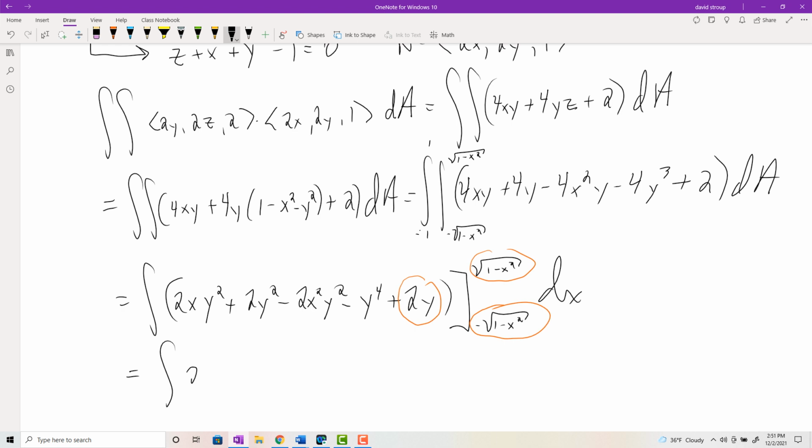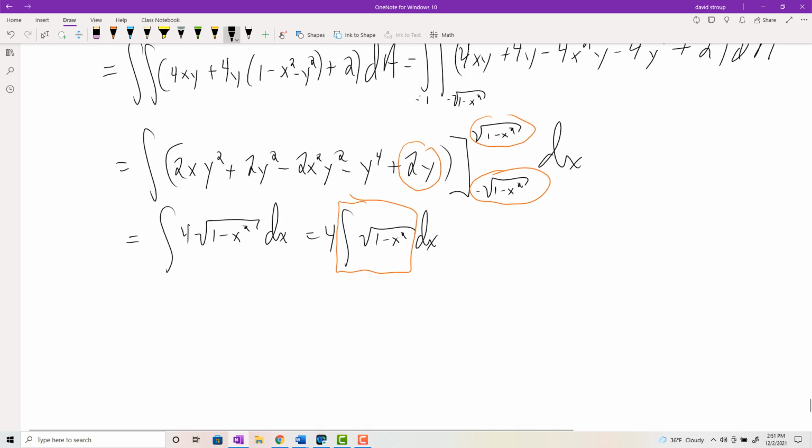So it's 2 times the square root of 1 minus x squared minus 2 times negative square root of 1 minus x squared, which will be 4 of those, right? So I'll have 4 square root of 1 minus x squared dx, and then I'll be 4 times the integral of the square root of 1 minus x squared dx. That integral right there is just the area underneath a semicircle, right?